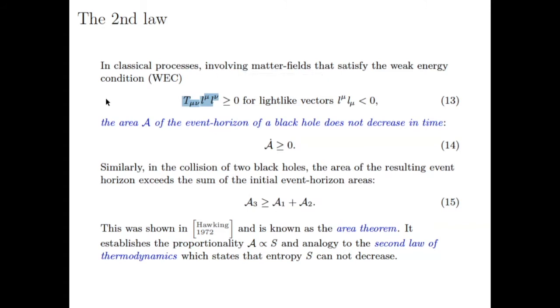And for a reasonable observer, that tangent vector can be any time-like vector, any vector that satisfies this kind of condition, i.e., which is inside of the future light cone. So we propose this energy to be positive or non-negative for any plausible observer. That's the so-called weak energy condition.